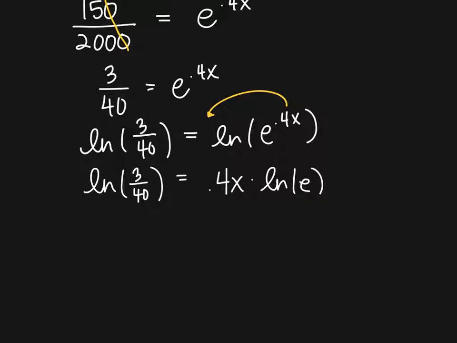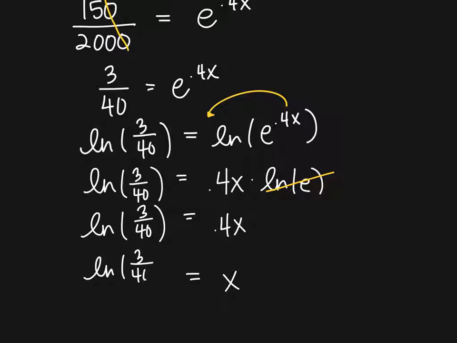When you get to just natural log and e left, those two things cancel each other out. So we're left with 0.4x. So we almost have x all by itself. To get x by itself, I'll do the last division, which would be 3 over 40 divided by 0.4. And then if the calculator permits you to put that into decimal form, at that point, it's at the very end, and only at the end do you grab your calculator. Shouldn't really be using it in between.